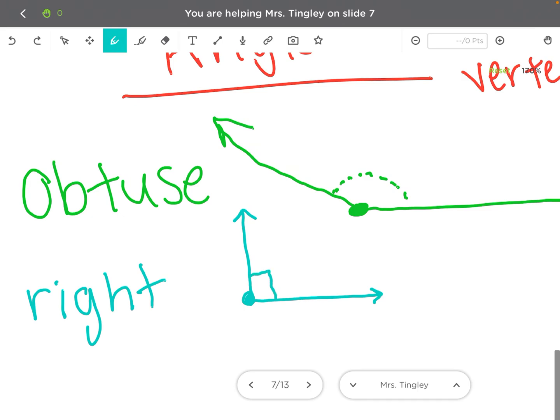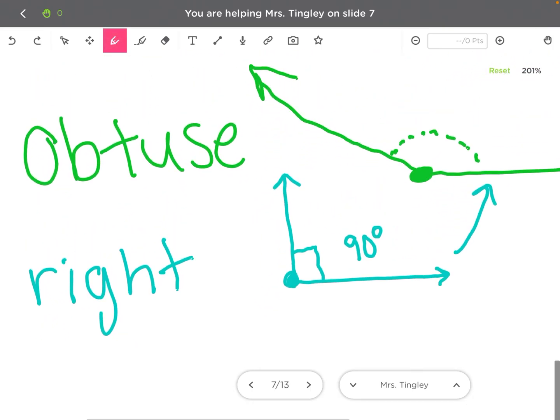And we call this angle right here a right angle. And we make a square to show a right angle. This is a 90-degree angle. Now, when we compare an obtuse angle with a right angle, you can see that it is larger than a right angle.